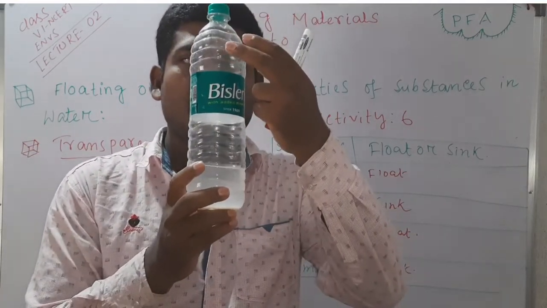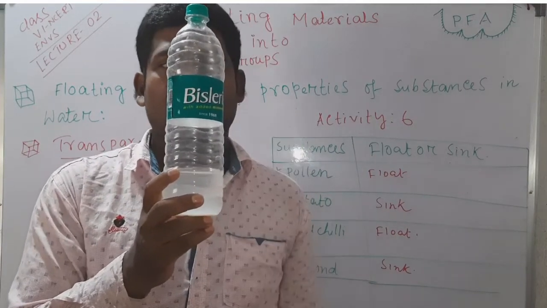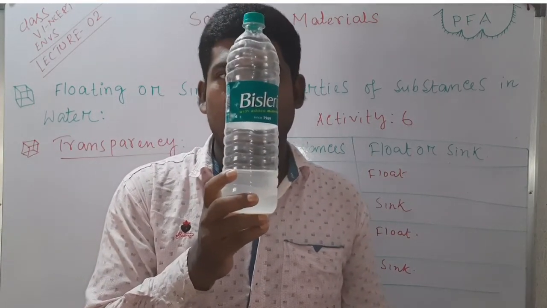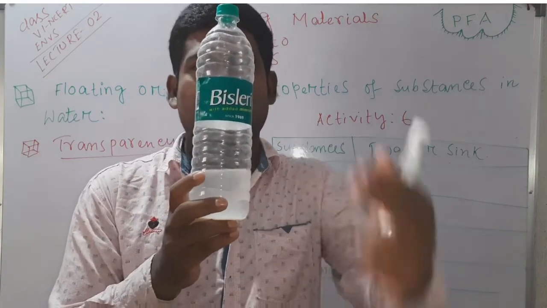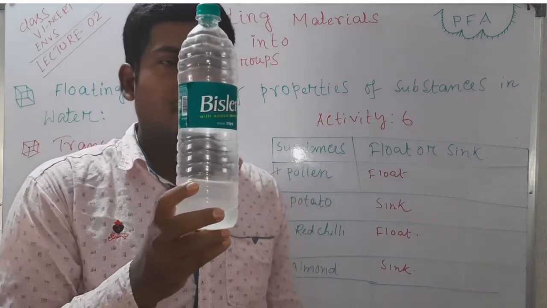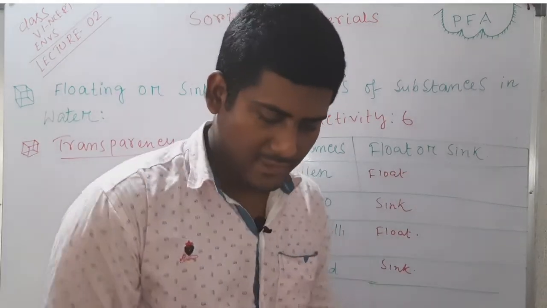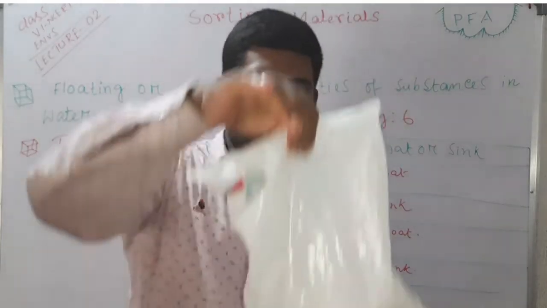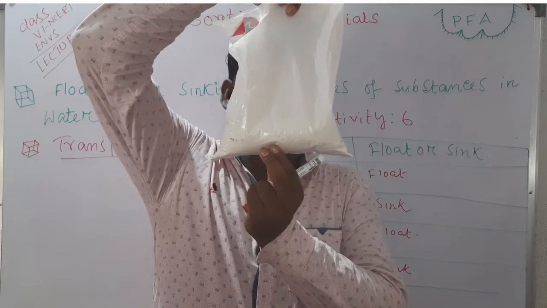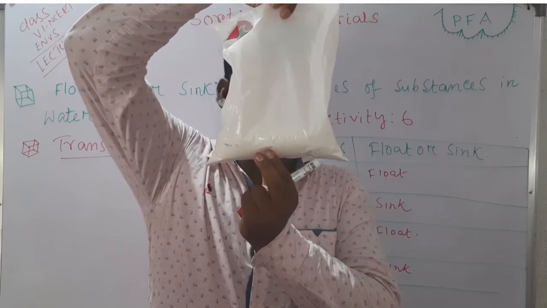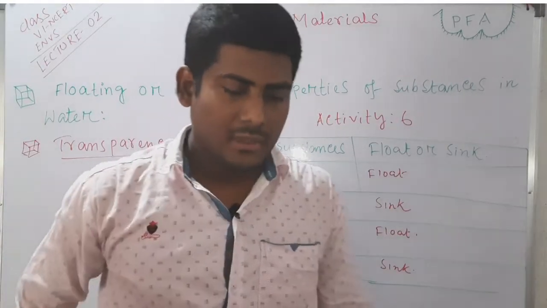Through this bottle, will you see my face or not? Carefully observe, you will see my face. Similarly, I can see the camera of the video recorder. Similarly, if I take this packet of flour, now try to see me. Is it visible to you or not? Obviously not. So this is not visible to you.